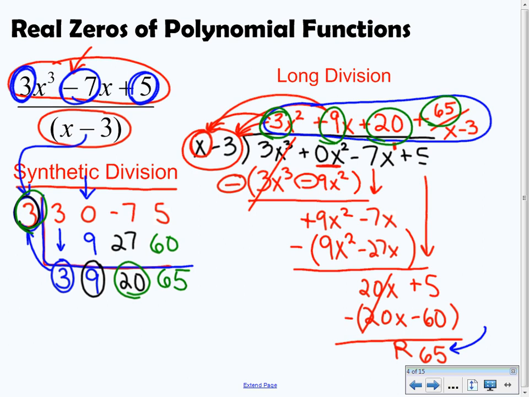So all we need to do in synthetic division, if we're going to use synthetic division instead of long division, is I need to remember that my last number is the remainder, and every coefficient up from there kind of adds another exponent to x. So in other words, this is my remainder. I would write it as 65 over x minus 3.